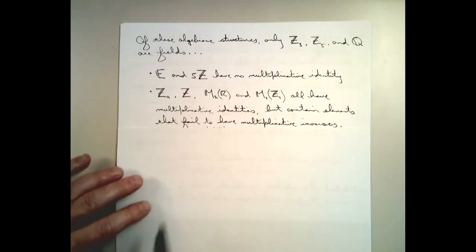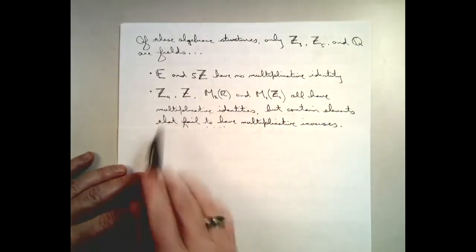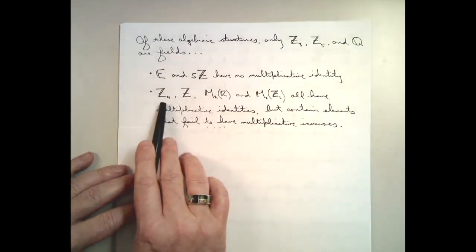For example, in Z4, there's nothing you can multiply by 2 that's going to give you the identity. Of course, the identity in Z4 is 1. But 2 times 0, 2 times 1, 2 times 3, none of those give us the identity element. So 2 does not have a multiplicative inverse.